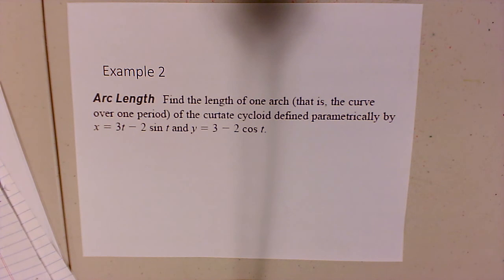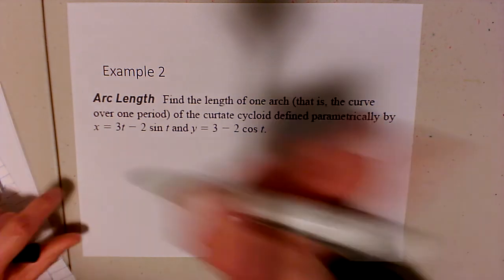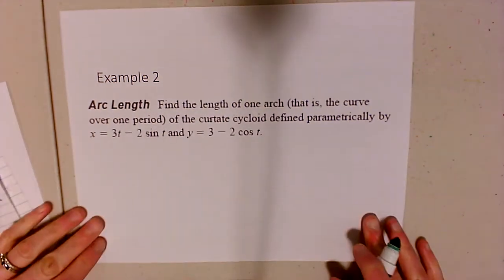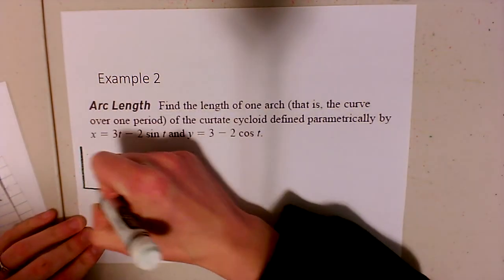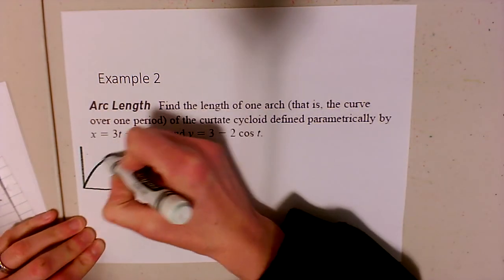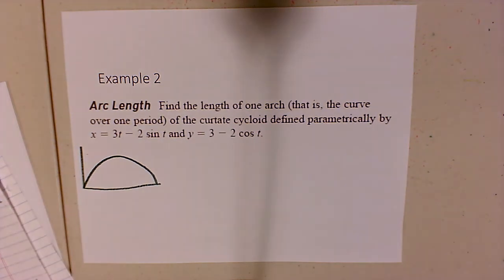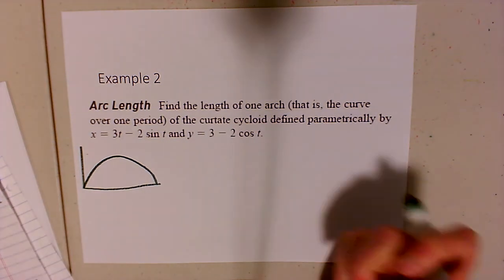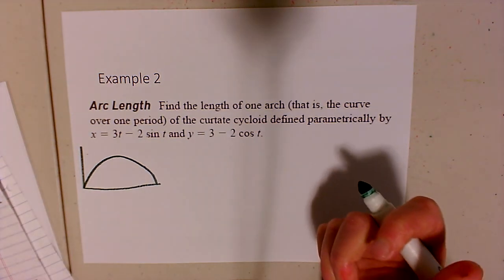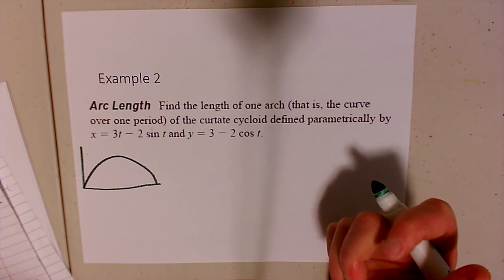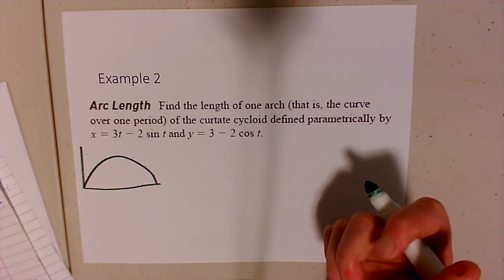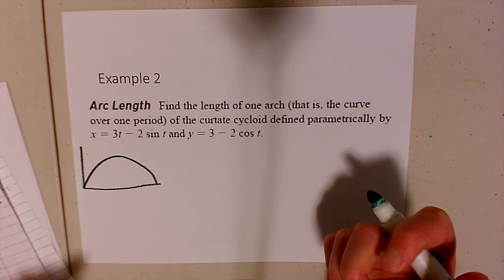Alright, so if you go ahead and graph those parametric curves, your arch is going to look something like that. Okay, so everything's defined, and that goes through one whole rotation, and we're not repeating anything.